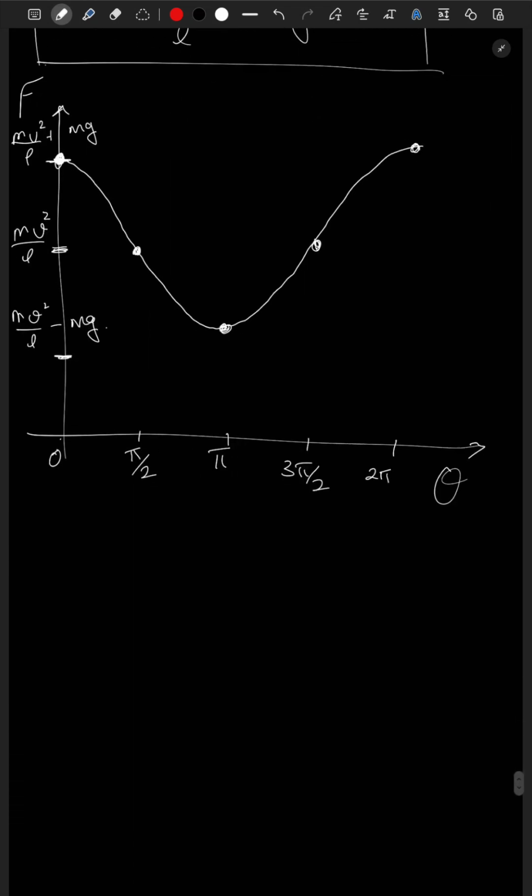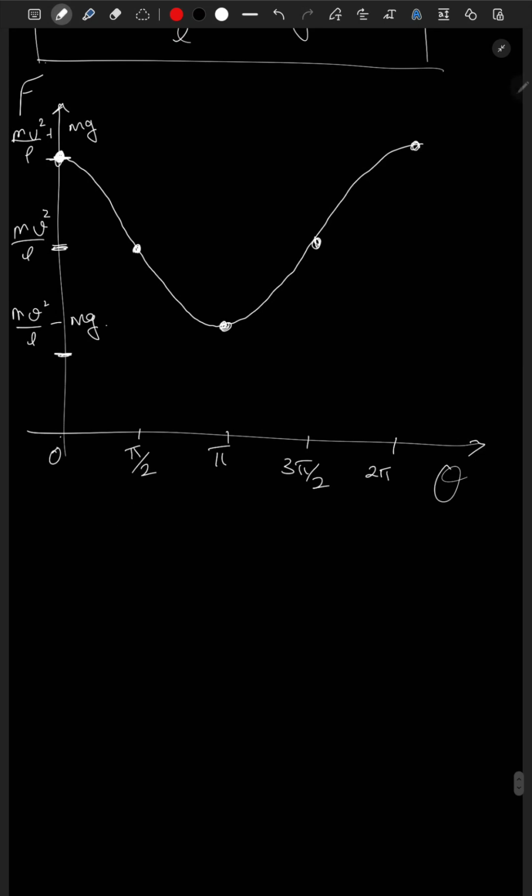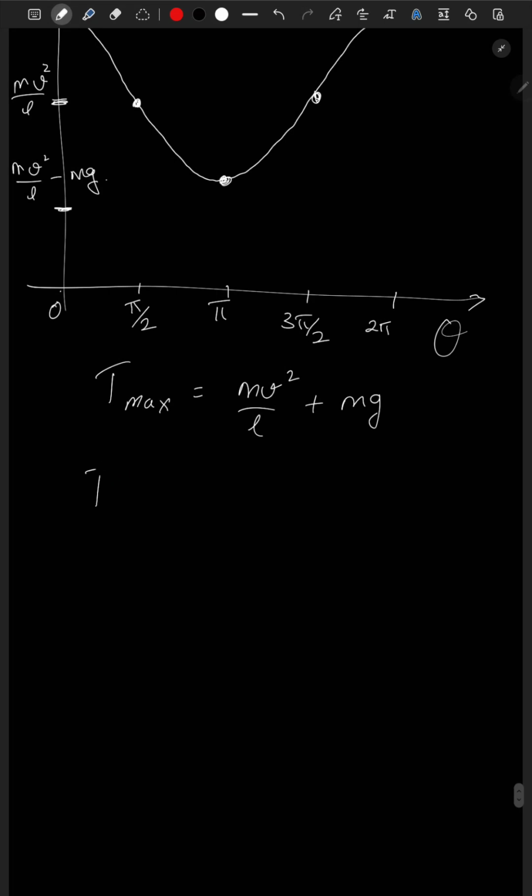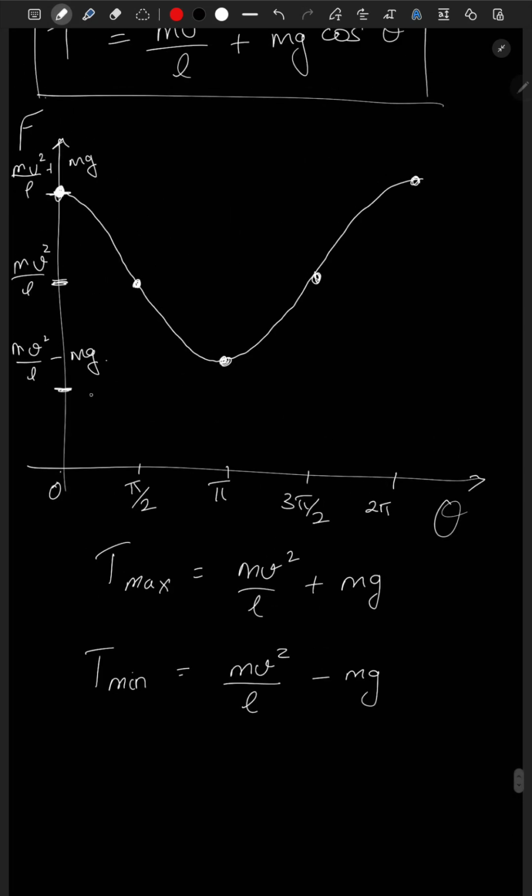So from this you can calculate the maximum tension, which is of course mv squared over L plus mg. You can calculate the minimum tension, which is mv squared over L minus mg, which is here at the bottom, and this is the maximum tension.